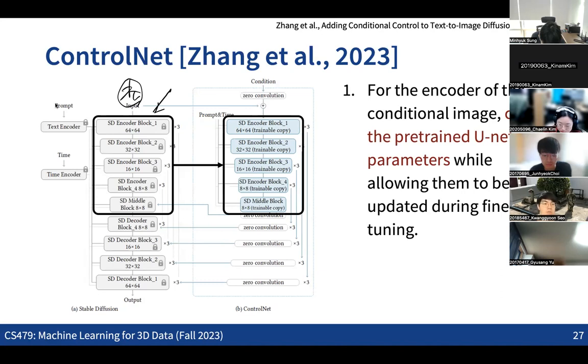So here the basic idea is that we want to fully exploit all the parameters that are learned for this UNet architecture in order to process the conditional image here.